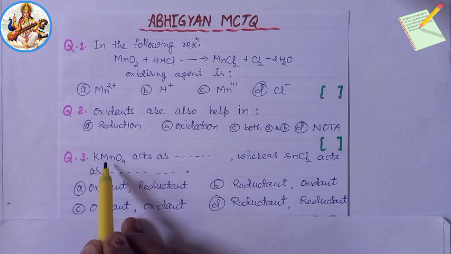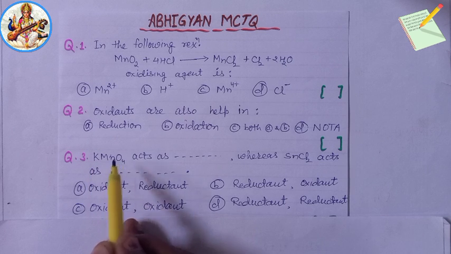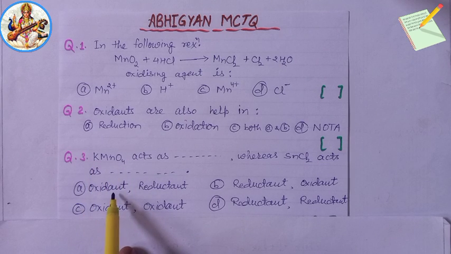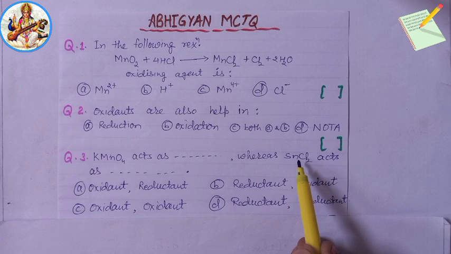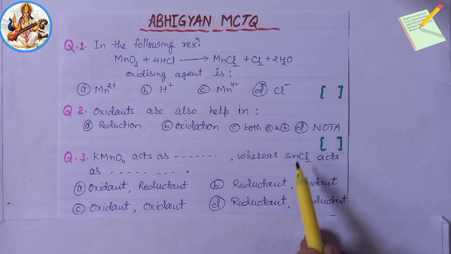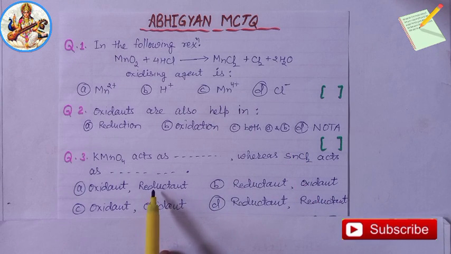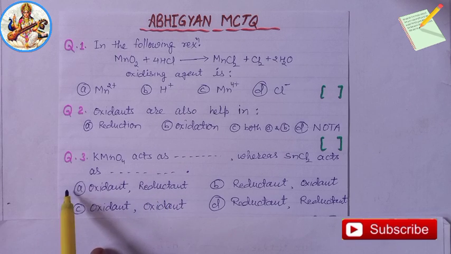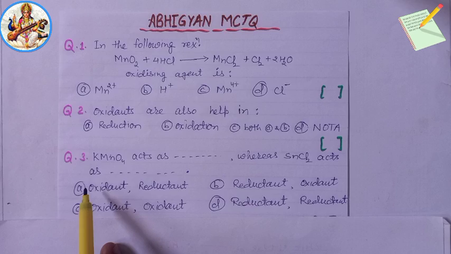It is maximum, so KMnO4 acts as an oxidant. On the other hand, the oxidation number of stannum in SnCl2 is +2. It is minimum, so it acts as a reductant. So the answer will be option A.